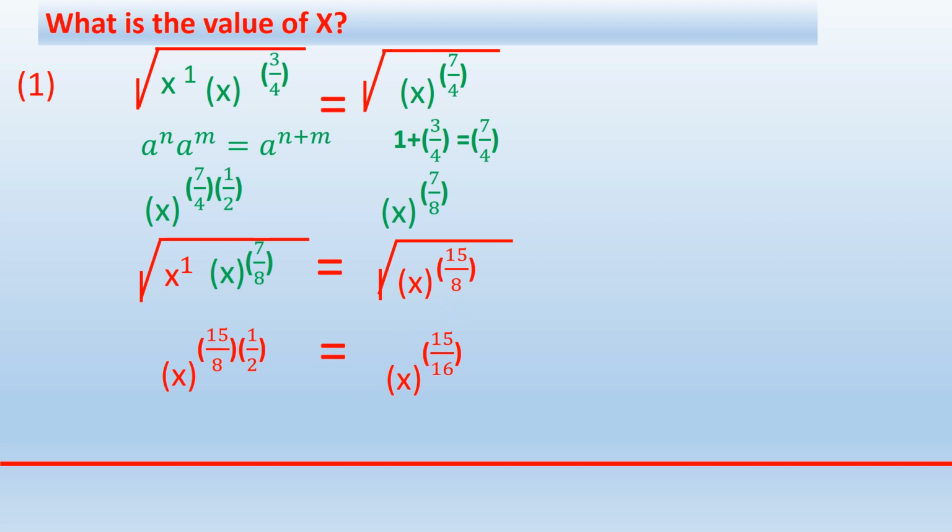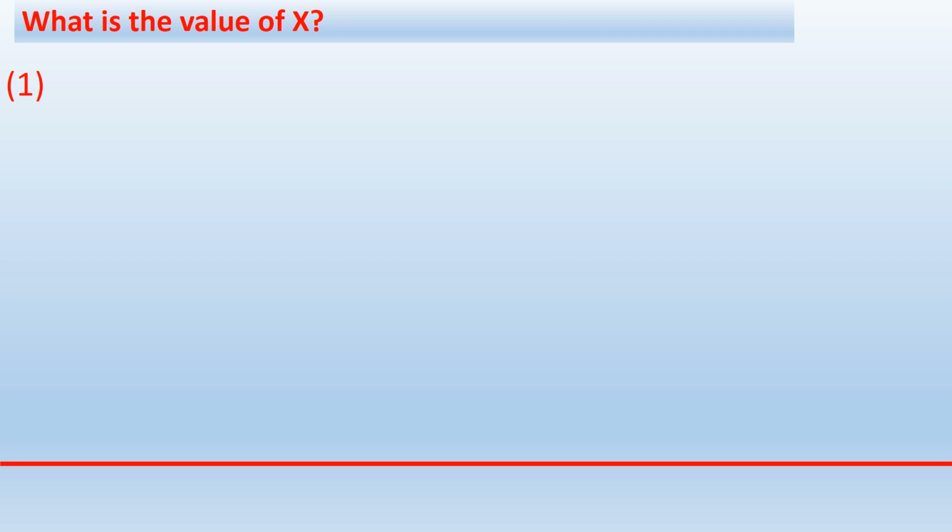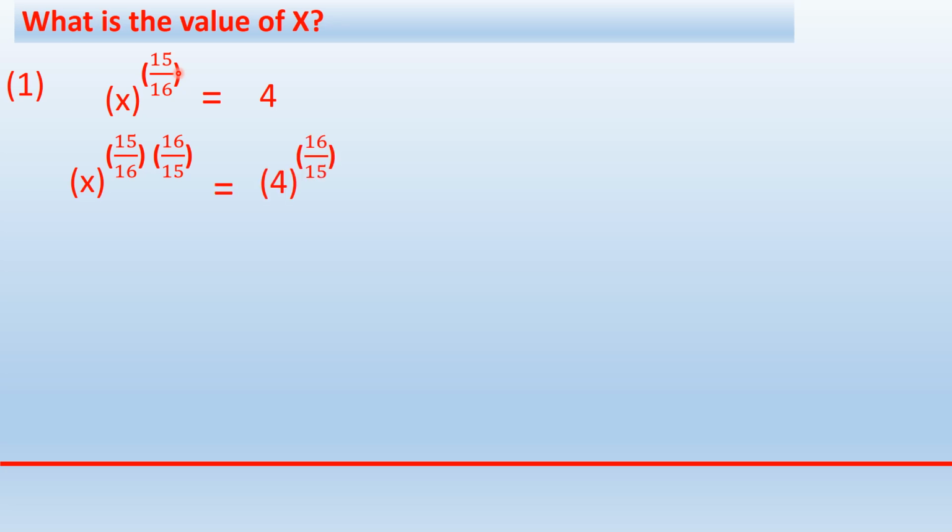What we do next is equate it with the number 4. That's what the answer was. So to get the x value, we have to crisscross this part and multiply it by the opposite just to get 1. So 15 over 16 times 16 over 15. These two would cross out. Of course, we do the same on the opposite side.